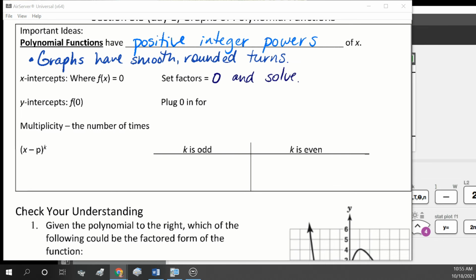It's just going to be the opposite of what's added to x. For the y-intercepts, that's f of 0, or you're going to plug 0 in for x and find y. It's not really solving, it's just multiplying things together.